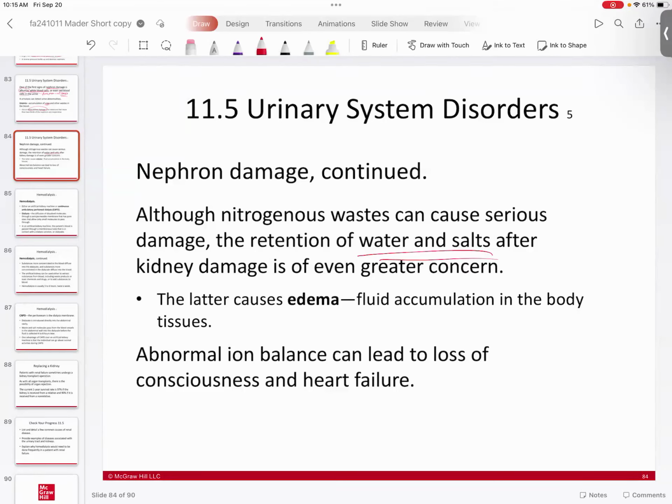So for instance, edema is basically the collection or the buildup of fluid in tissue. And that's usually because of some sort of a water balance imbalance going on. So water's not moving the way it should. There's an abnormal ion balance, and so this could be a problem.